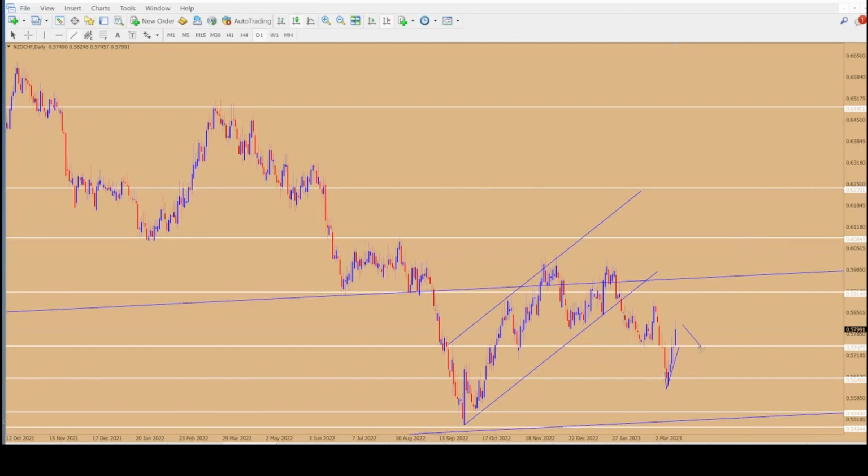But if the market penetrates and closes significantly bearish below, then we can look for sales to as low as 0.5646 and even much lower to as low as 0.54944 area. That is for NZDCHF.